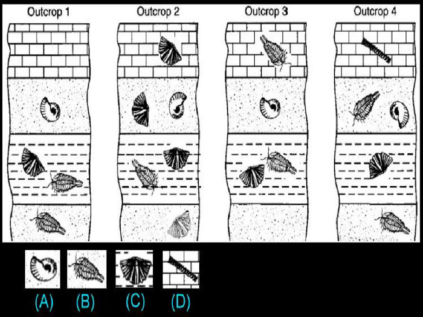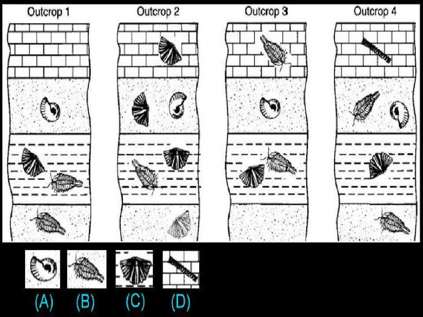And D is only in one, which is outcrop 4. So our criteria for an index fossil: it has to have lived for a very short period of time, and it has to be over a wide area. A is the only one that satisfies that criteria. It lived for a short time, meaning it's only in one rock layer, the second from the top.